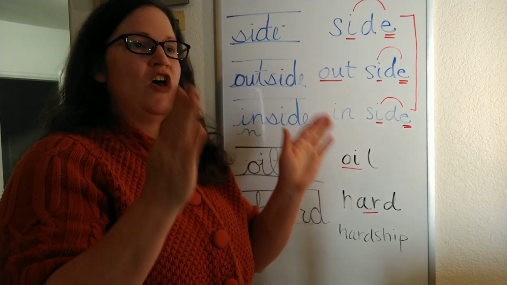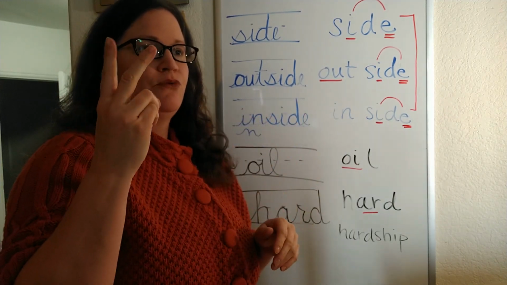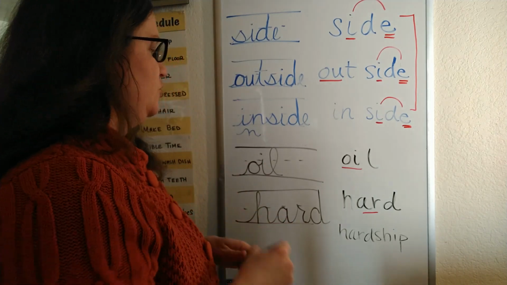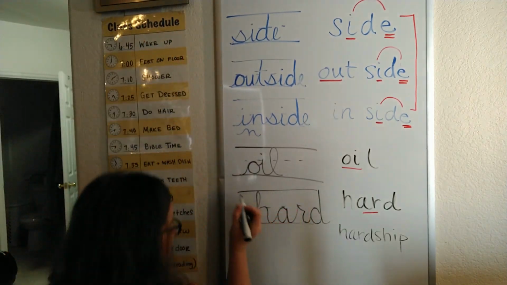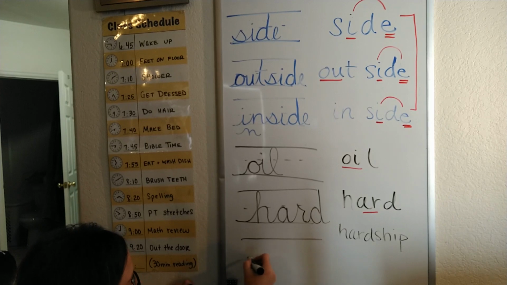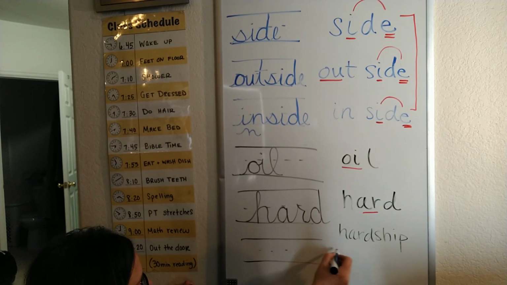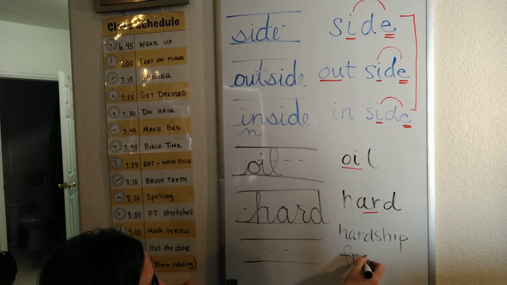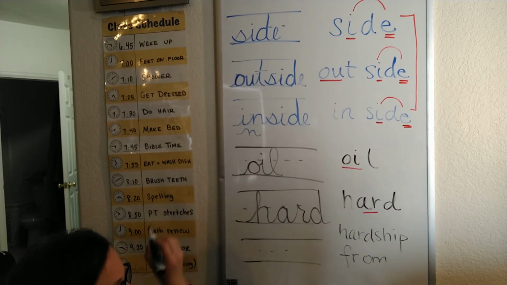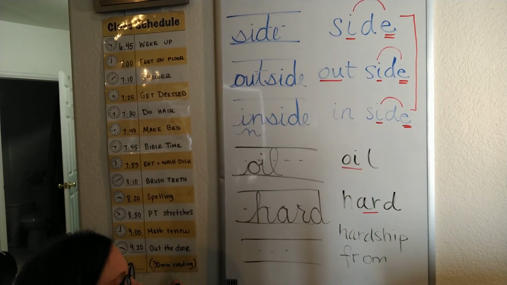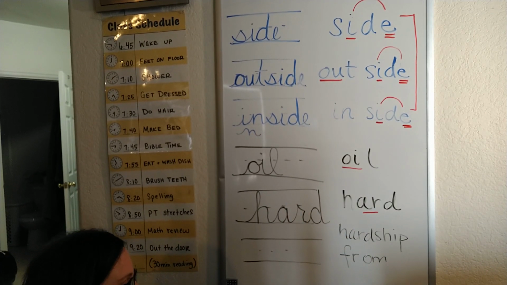Ready? Say it with me. From. Say it as you write it. Any red markings? Nope, all first sounds. Ready for cursive?